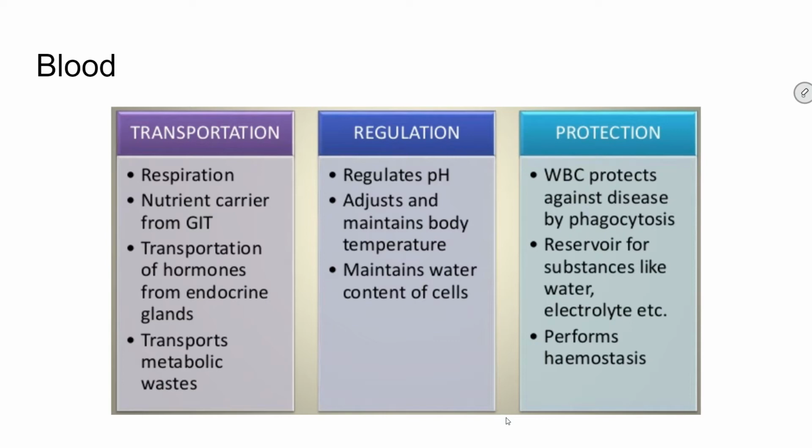The regulation is a catch-all kind of term, but regulation includes maintaining body temperature, maintaining pH of the blood and the body's tissues and fluids, and just maintaining enough water content in cells and in the blood in order to keep you alive.